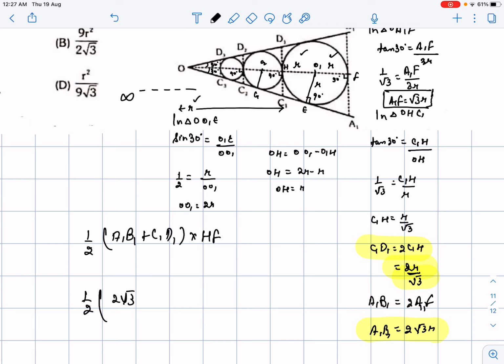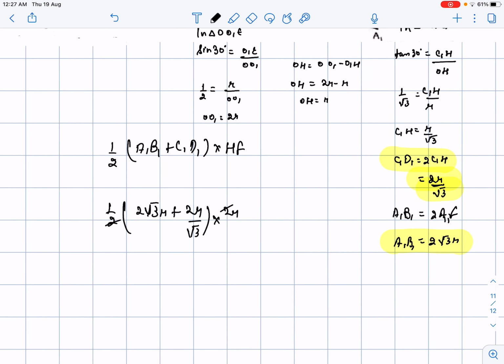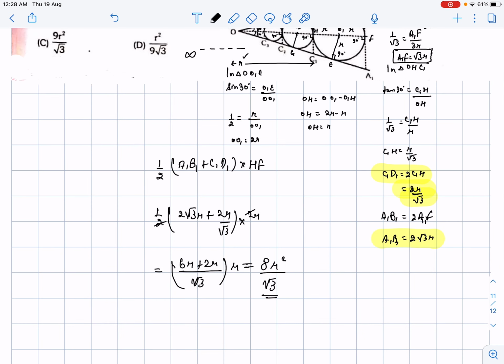Value of C1D1 we do know 2r upon root 3, and value of HF we do know 2r over here. 2 and 2 will be going to get cancelled. So we'll be remaining up with what? 6r plus 2r divided by root 3 multiplied by r, that is 8r square by root 3 will be the value of area of larger trapezium.